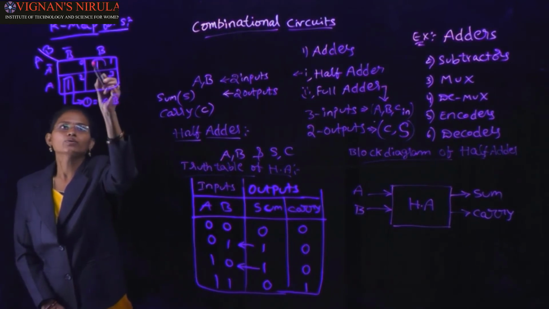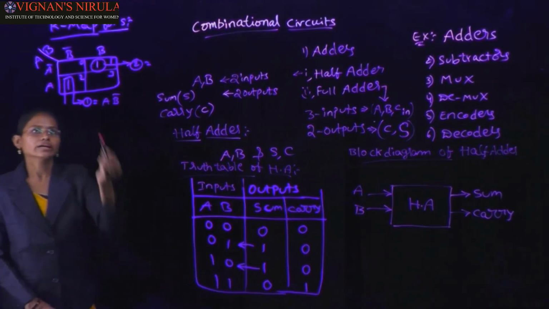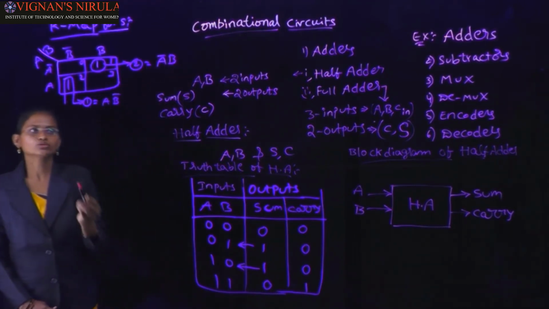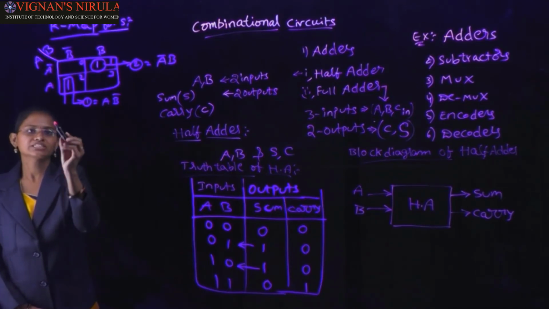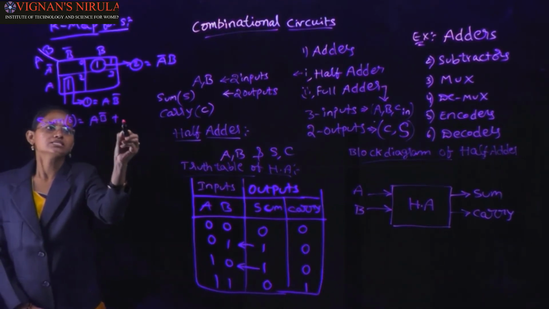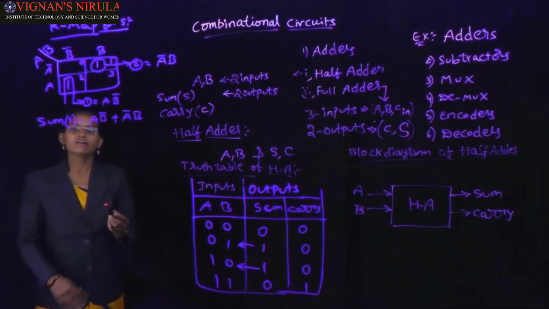The second group is A bar, B. Now write the K map equation for sum: sum equals A B bar plus A bar B. This is the expression for sum.